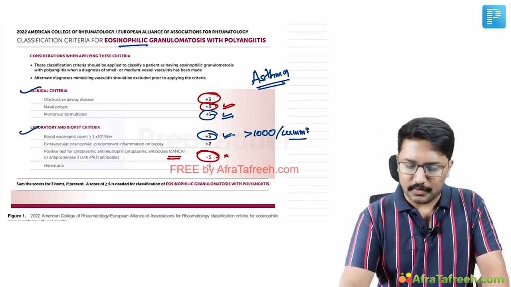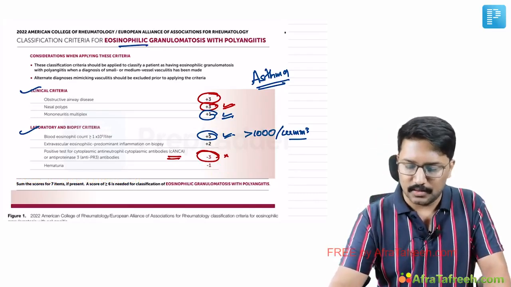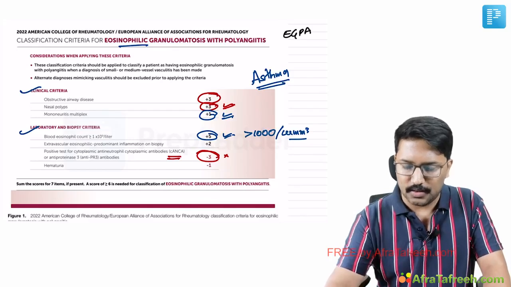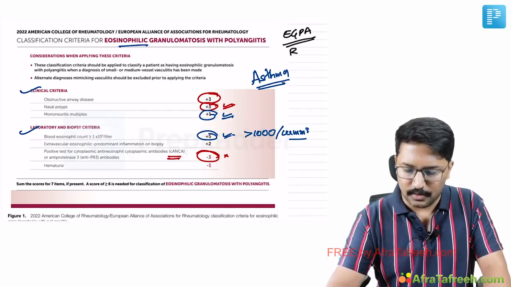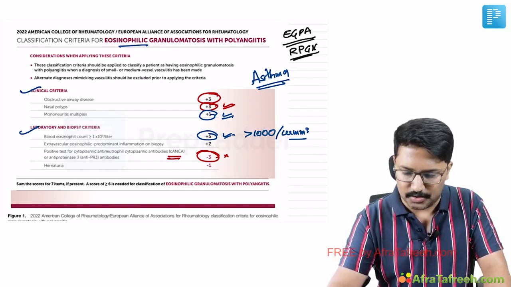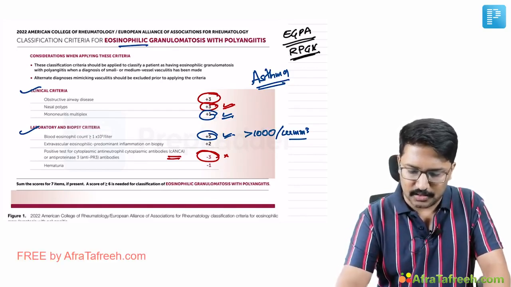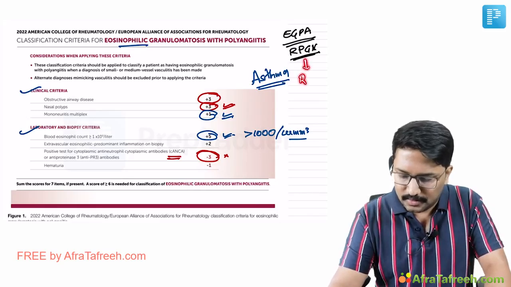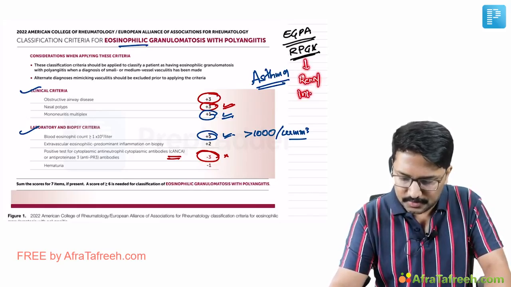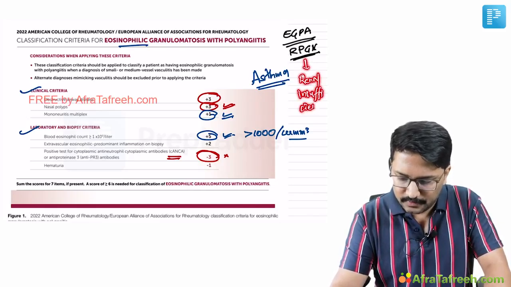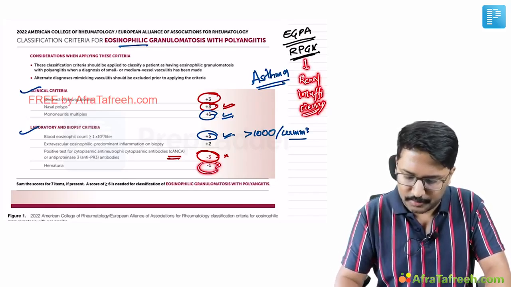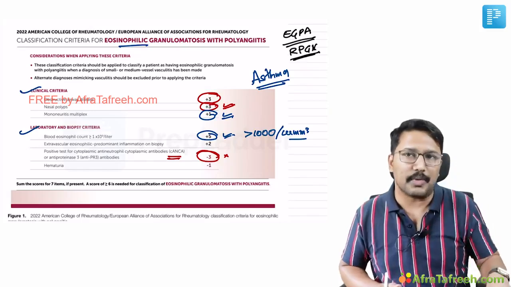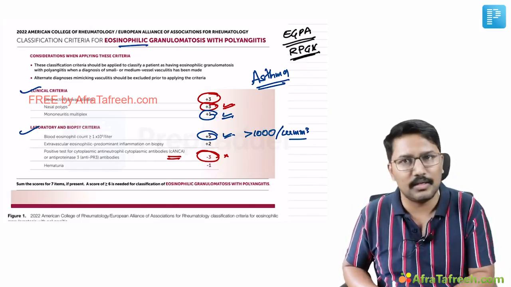Now, kidney involvement in patients with EGPA is usually associated with RPGN, and these patients generally do not present with hematuria. These patients usually present with renal insufficiency. Because of that, we give some negative score if hematuria is present. Hematuria should make us think of MPA or GPA more than EGPA.